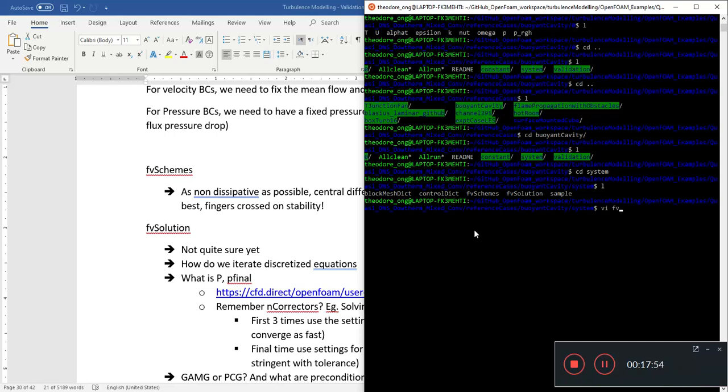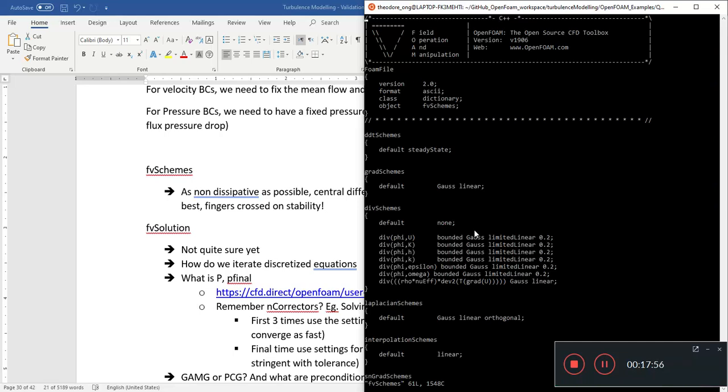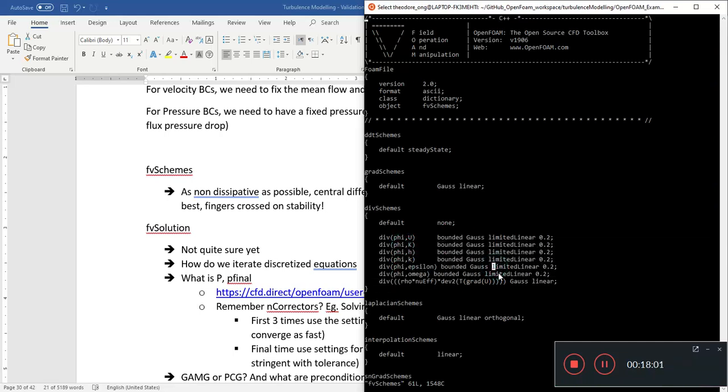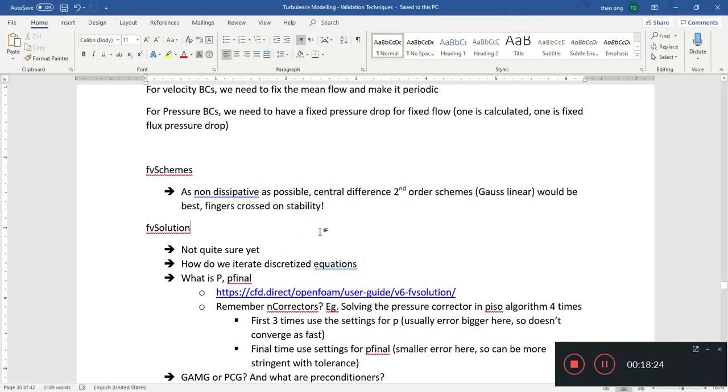So for example, I'll go into fvSchemes here. You see there are lots of turbulence quantities here, and you see this thing phi h. Phi h is actually the convective term for enthalpy. So this will need to be decided as well. But of course, we try to use Gauss linear as far as possible, so it should be okay. But other than that, yeah, that's more or less what your fvSchemes are.